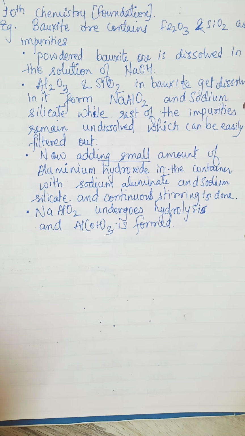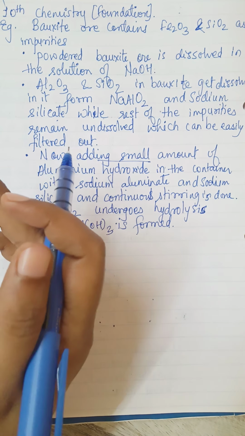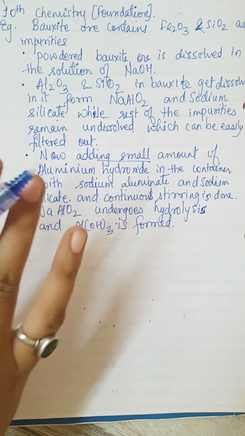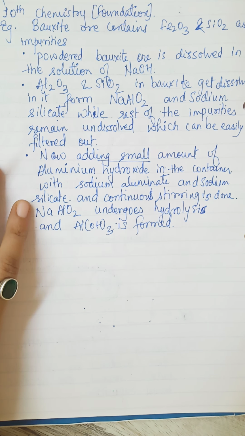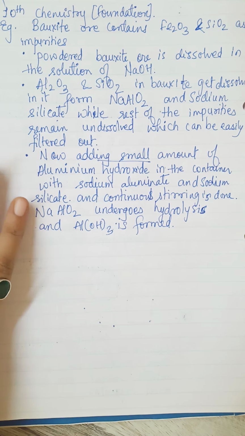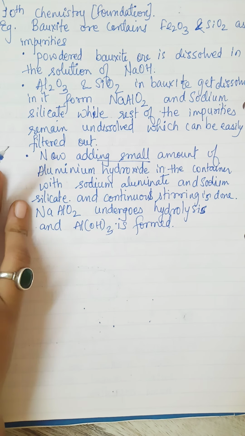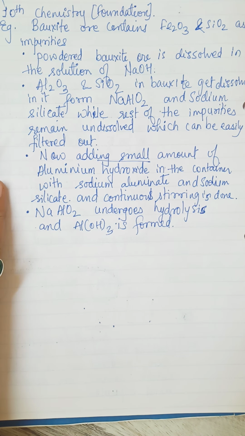Now this soluble sodium silicate will remain in the solution, whereas aluminium hydroxide will be precipitated out, and filtered, washed, dried and ignited, which gives pure alumina.